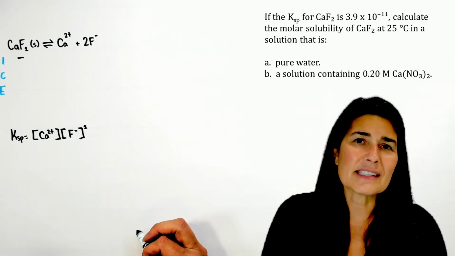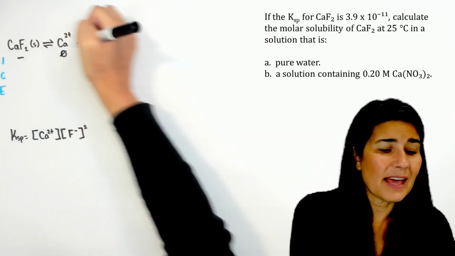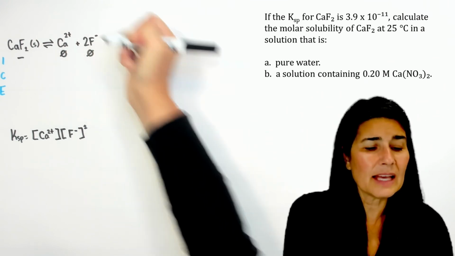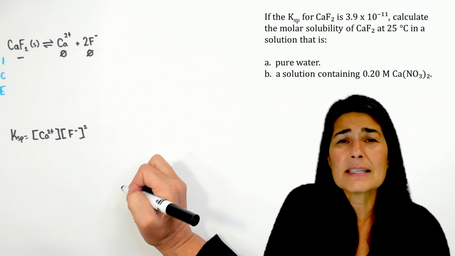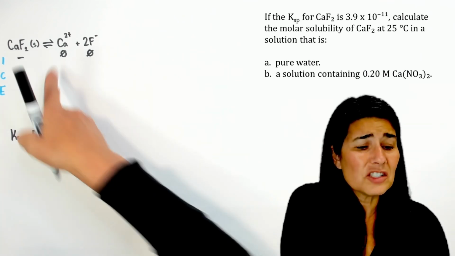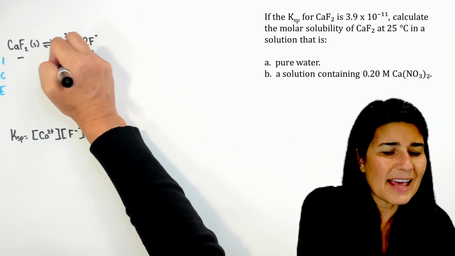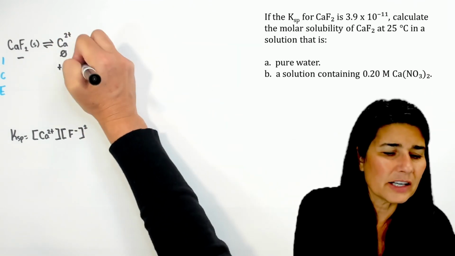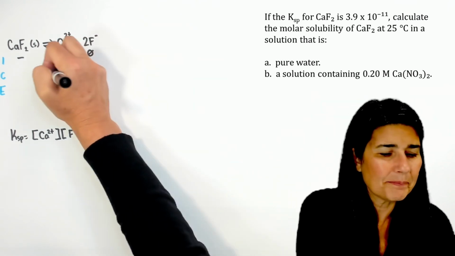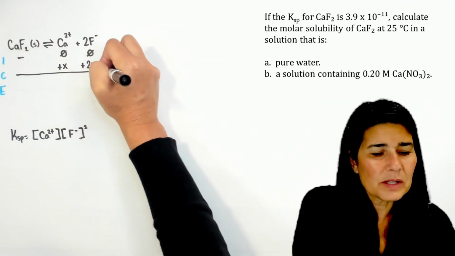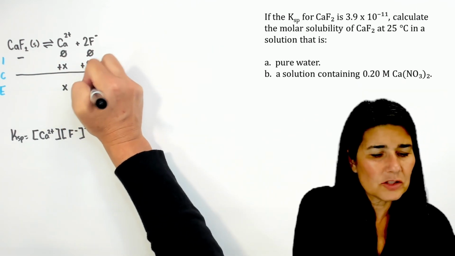Now we're putting that solid in pure water. So in pure water, we don't have any initial calcium and we don't have any initial F minus. The solid is going to dissociate a little to generate these two ions. How much calcium? Well, we're going to call that X. We're going to add X here, and we're going to add twice as much, 2X, to our fluoride. Now, at equilibrium, the calcium will be X and the fluoride will be 2X.